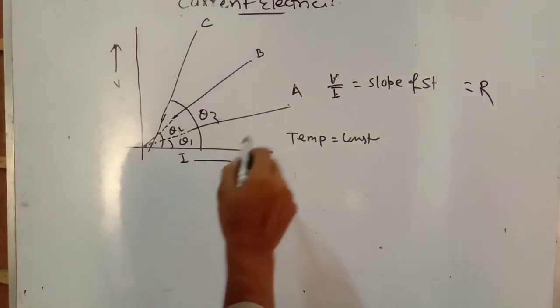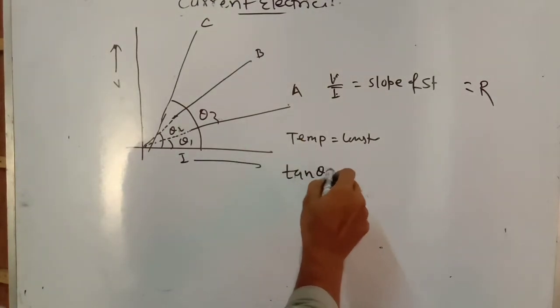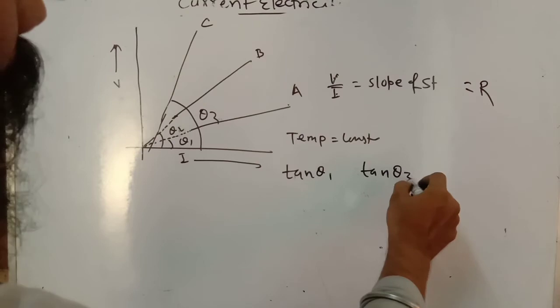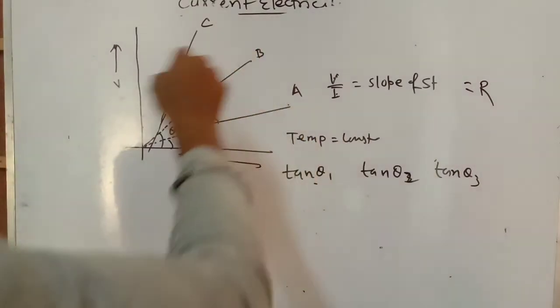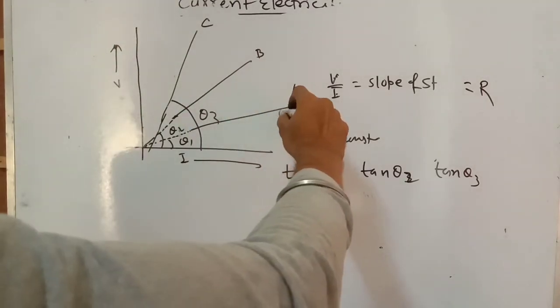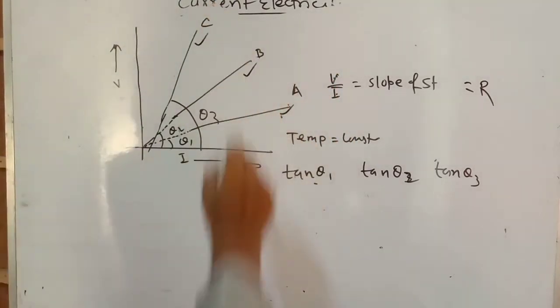Already we know that tan theta 1, tan theta 2 and tan theta 3 are the slopes of straight line A, straight line B and straight line C.